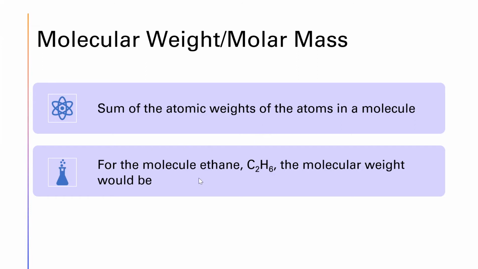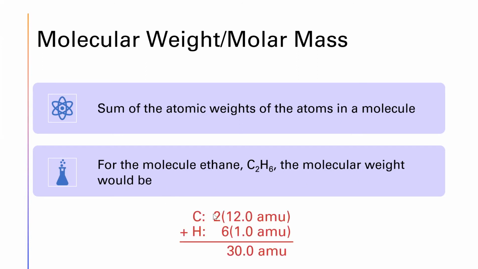For example, for ethane, with C2H6, the molecular weight would be 2 multiplied by 12, where 12 is the molar mass of carbon, and 6 multiplied by 1, where 1 is the molecular weight of hydrogen, and then we get 30 atomic mass units.